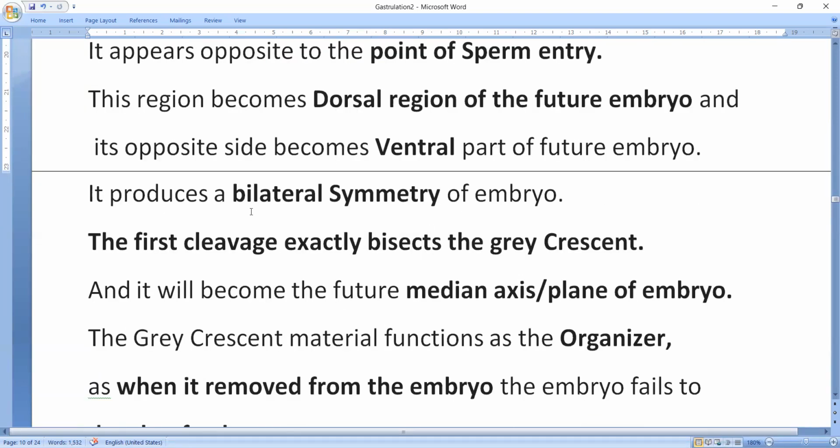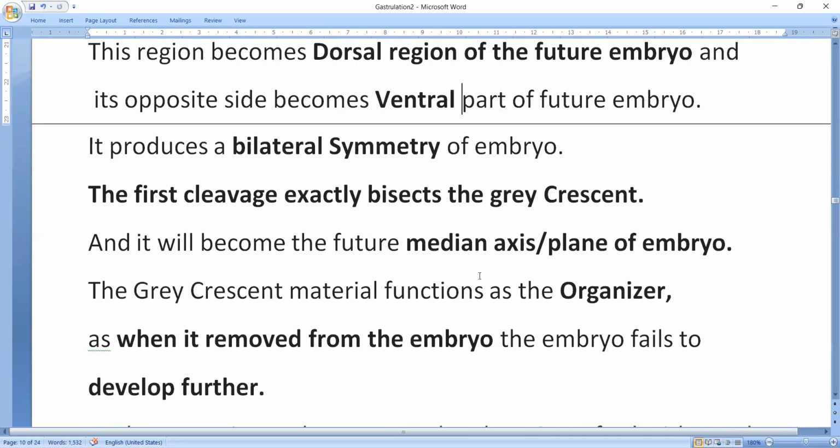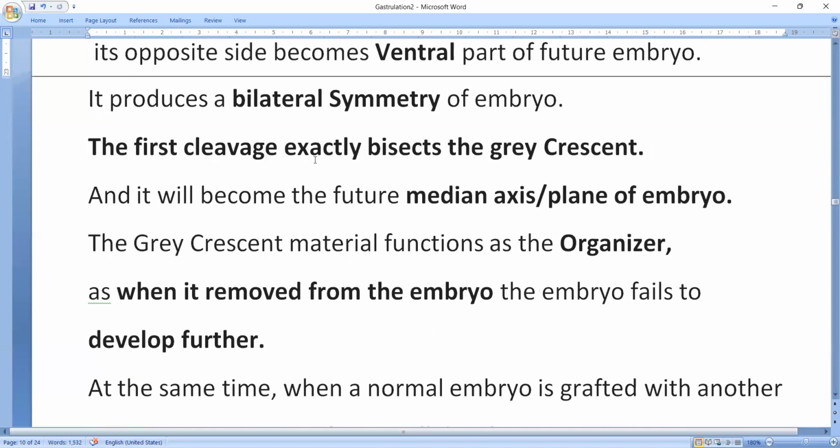Due to the gray crescent, it produces a bilateral symmetry. The first cleavage bisects the gray crescent exactly in the middle, and it will become the median axis or median plane of the embryo.